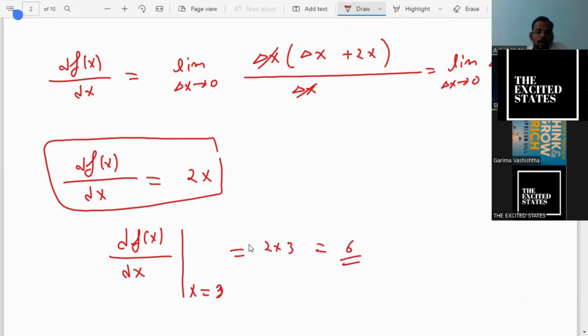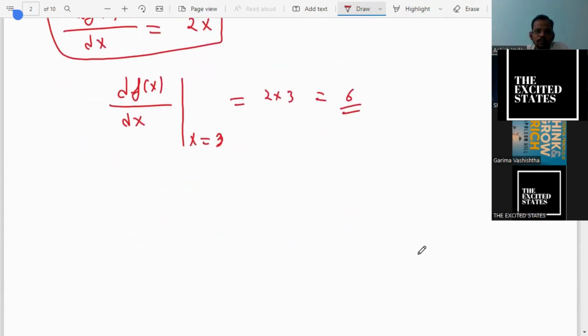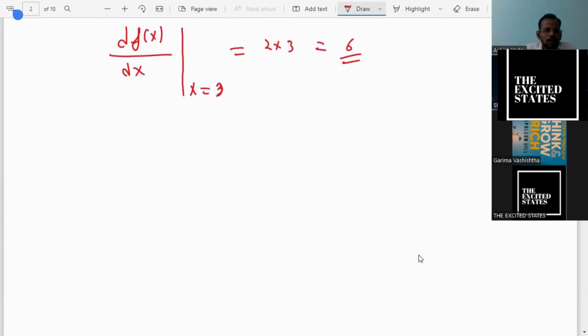But every time we will not use the fundamental definition. We have some standard formulas, so we will apply those formulas to find the derivative of functions. Let me tell you those formulas. The derivative of x raised to the power n with respect to x will be simply n x raised to the power n minus 1.